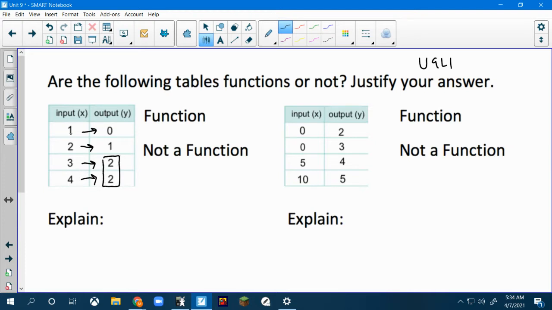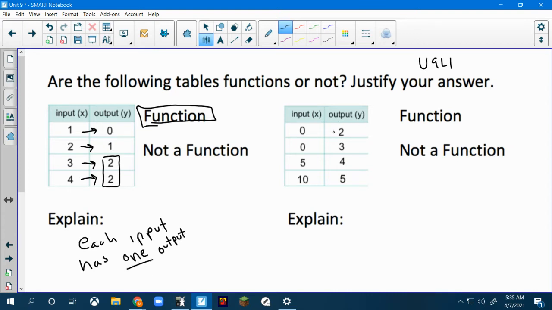However, the inputs have different outputs. The inputs have their own outputs. So this is a function. And the explanation is each input has one output.